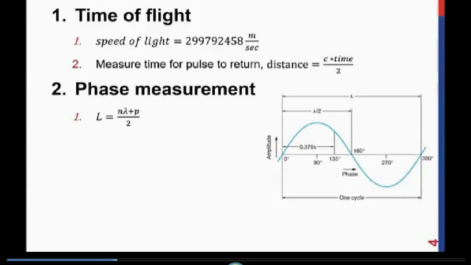So n is the number of wavelengths and lambda is one wavelength, and L is the length of the line or the distance. So by measuring the number of wavelengths, you can measure the length.